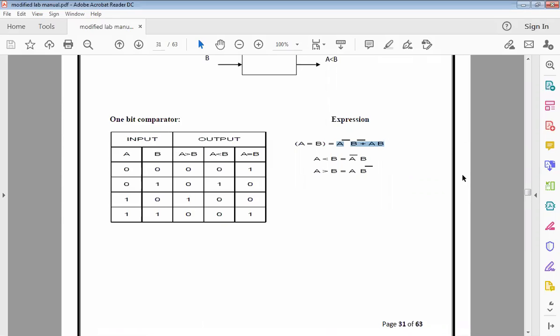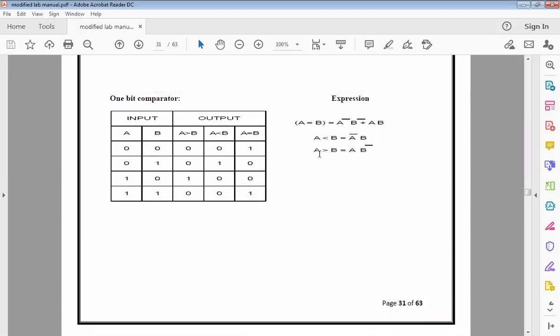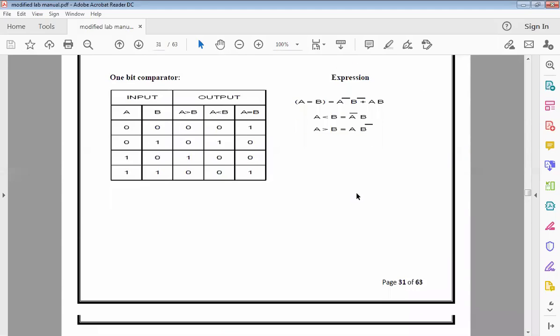So it's nothing but your XNOR operation, and ultimately we need inverters, inverting the A value and B value, and also we need the non-inverted or original true form of A and B. So we will be using an OR gate here, and the outputs that were there previously, since I've already got your A bar B here, and that is going to get multiplied with the equation of A greater than B. So I'm going to add both of them and use an inverter.